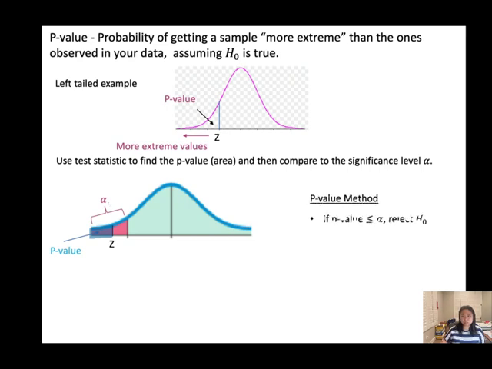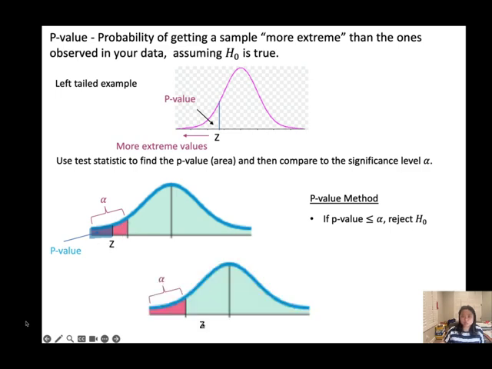If the p-value is less than or equal to alpha, then we reject the null hypothesis. That means your test statistic is going to be located in this part. If your test statistic is located here, we use it to find the area of your p-value.